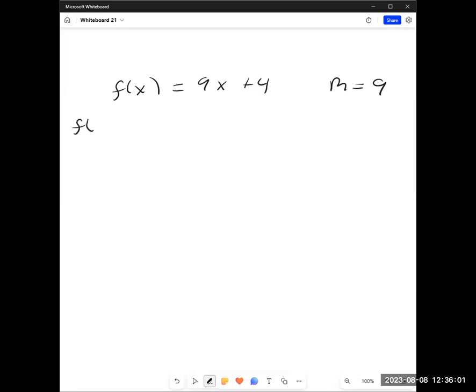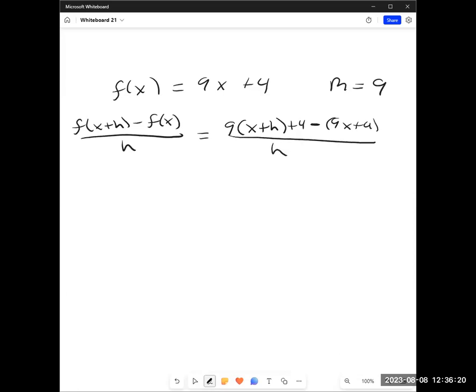So if we have f of x plus h minus f of x divided by h, that's going to be 9 times x plus h plus 4 minus the quantity 9x plus 4. And all that gets divided by h. And off to the side here, we know h can't be 0.